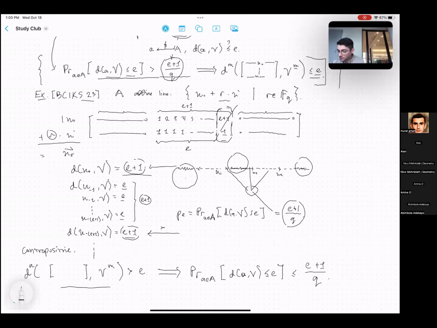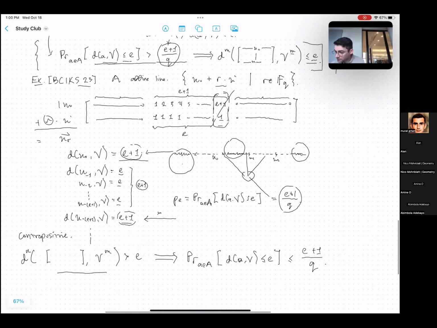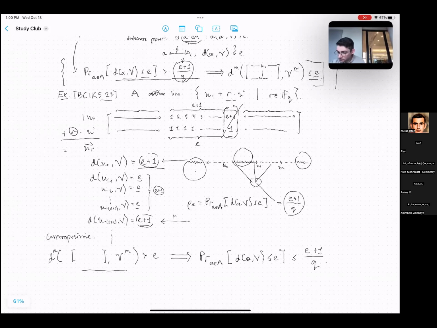So this is the contrapositive. Okay, is that fair, that this is the contrapositive between these two statements?